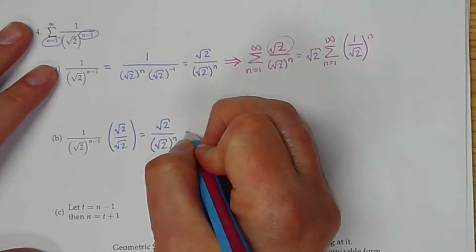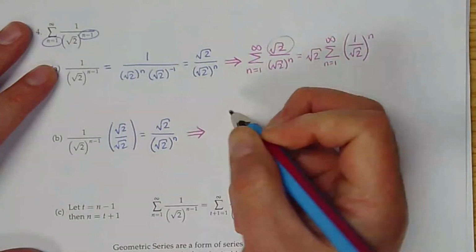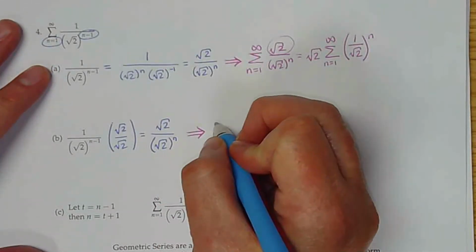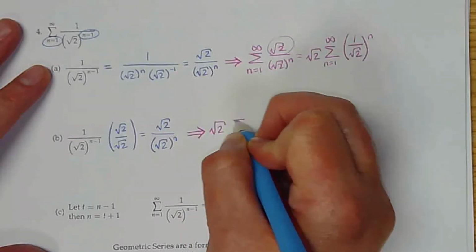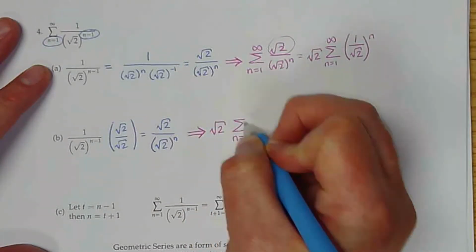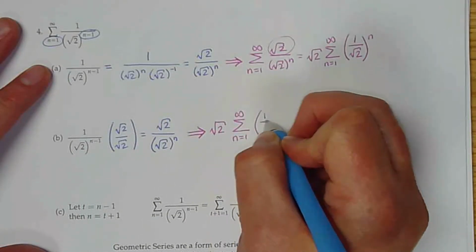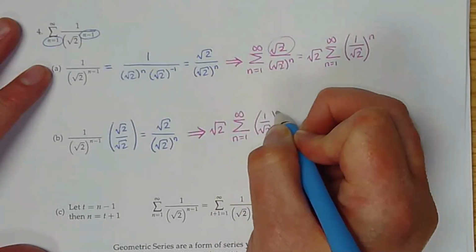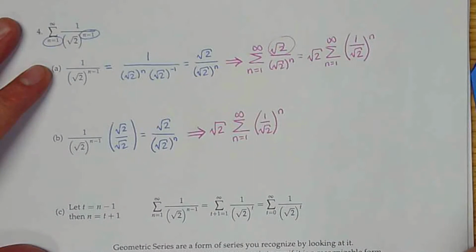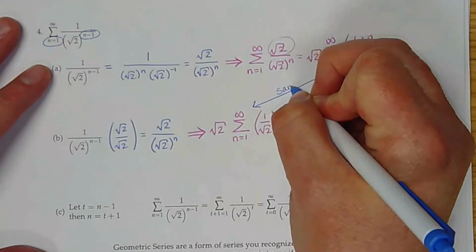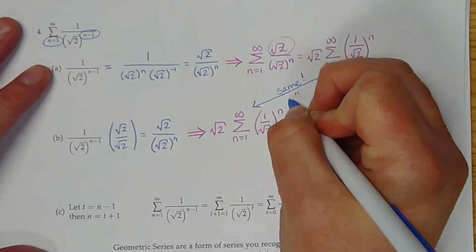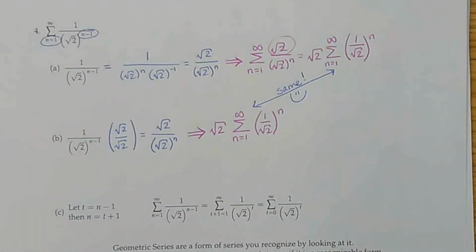I'm going to put an arrow here to show that now, switching over to my series, my series is going to be the square root of 2 times the sum from n equals 1 to infinity of 1 over root 2 to the n. The good news is these two are the same. So that's a happy smiley face.